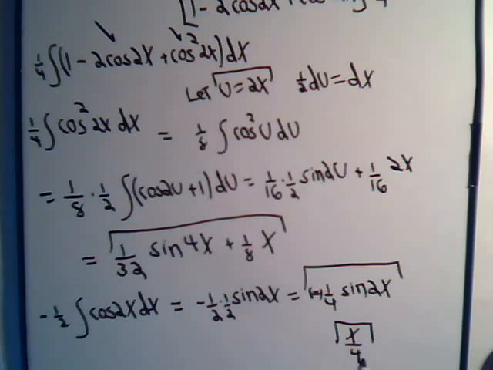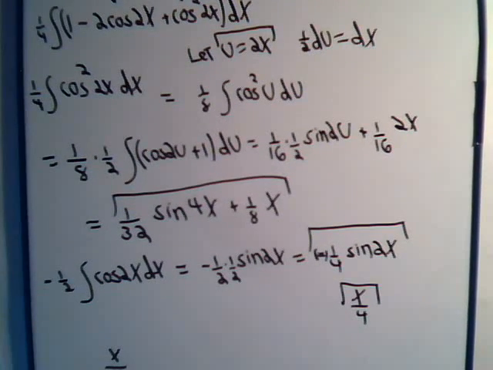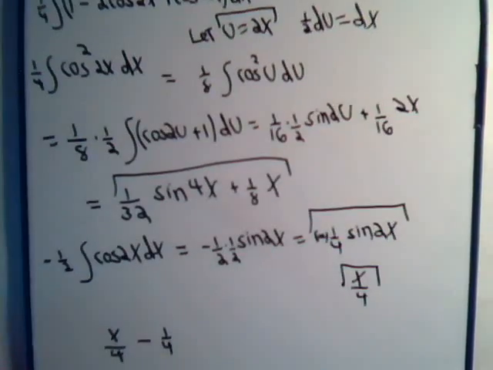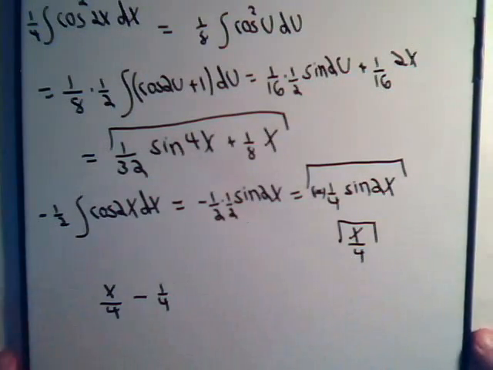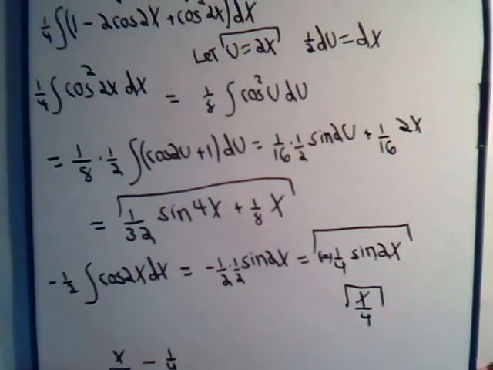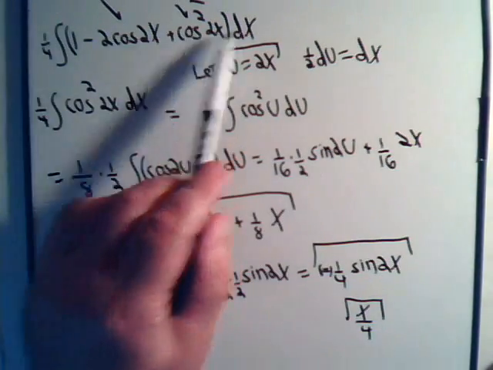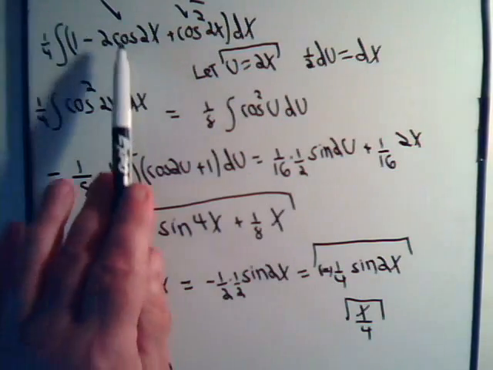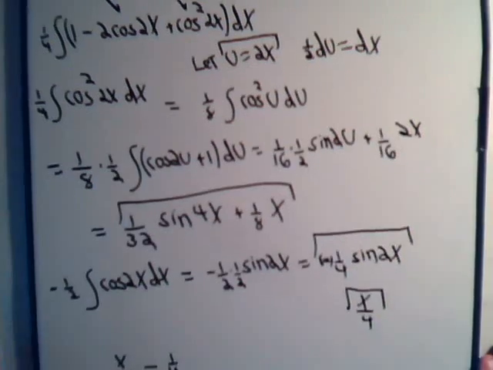So let's see, we have to add this, this, and this. So here we have x over 4, and then we are going to have minus this. The x over 4 just came from this integral right here. And for this integral, that was this expression.